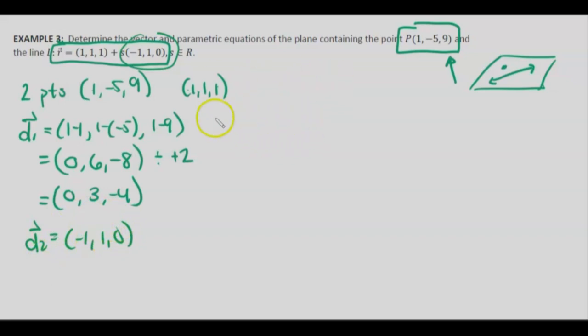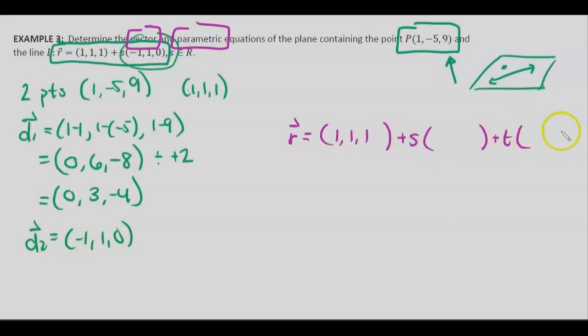Okay, so this is all the information that we need to determine vector and parametric equations. So vector equation, put a point. You can use either point 1, -5, 9, or 1, 1, 1. Doesn't matter. I kind of like 1, 1, 1. It's nicer. Then we're going to use 2 direction vectors such that s and t are elements of the real number system.